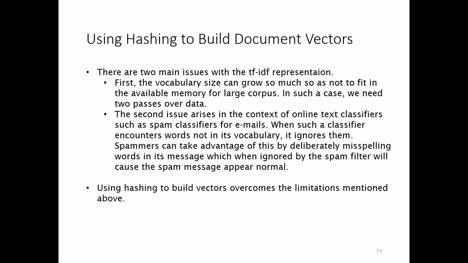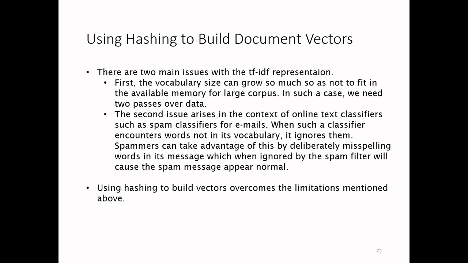And that text classifier will decide whether that email is a spam email or a non-spam email. So one way these text classifiers work is that they look for the words that are present in the email and then build a representation based on those words.